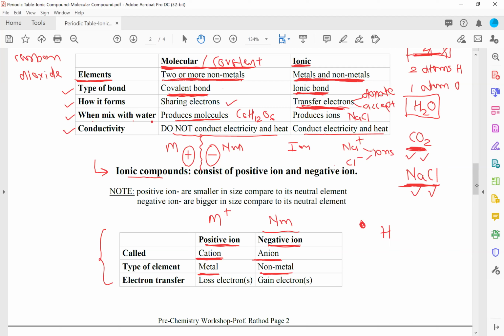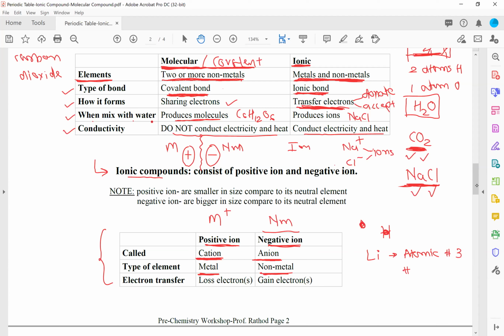Hydrogen, atomic number 1, would be too simple. Let's talk about lithium so it will be easy to understand. What is the atomic number for lithium? 3. Great. The atomic number for lithium is 3.